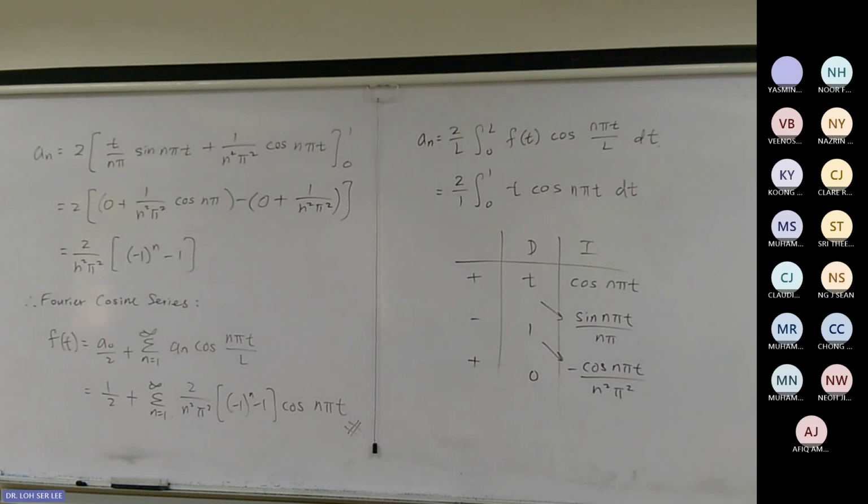Okay, actually, Fourier series is very simple to be solved because it just involves the integration. And the integration normally is either direct integration or tabular method. Okay, it's quite simple to be solved.